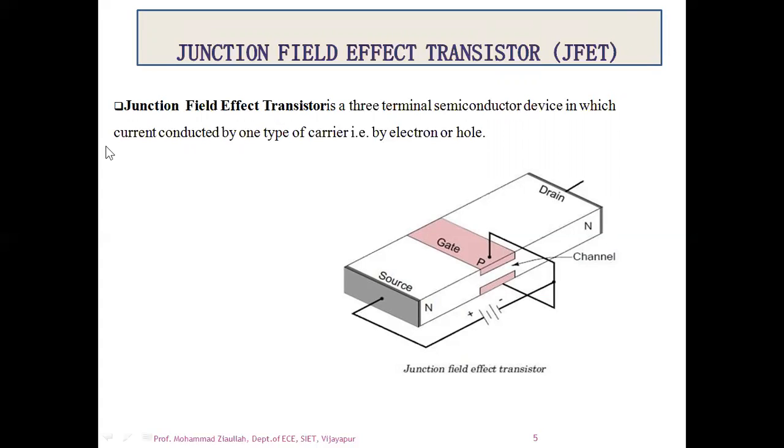As the name indicates, out of the three terminals of the JFET, the gate terminal is biased in such a way that the JFET can be used to control the output voltage. Based on the polarity, the output voltage can be controlled by applying sufficient voltage to the gate terminal and the input, that is source.